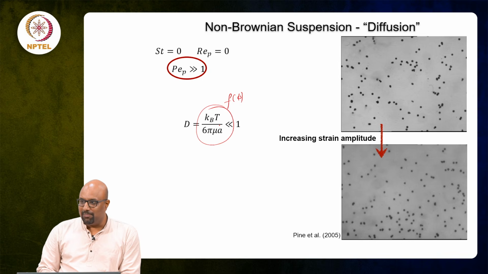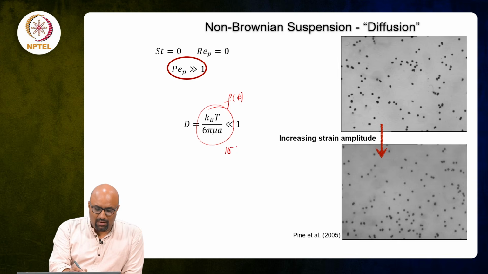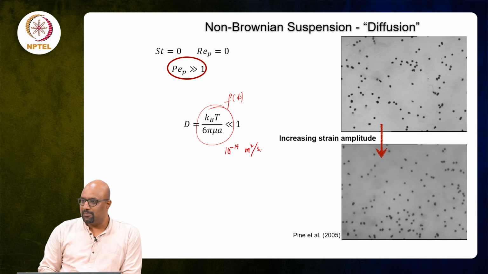The previous example, what we had probably in mind would be like, let us say, fat globules. But right now I am thinking of big colloidal particles, a few hundred microns in size, polystyrene beads. There, if you were to compute the diffusivity, we did this exercise in previous lectures, the diffusivity would be almost 10 to the power minus 14, 10 to the power minus 15 units. What are the units? Meter square per second.